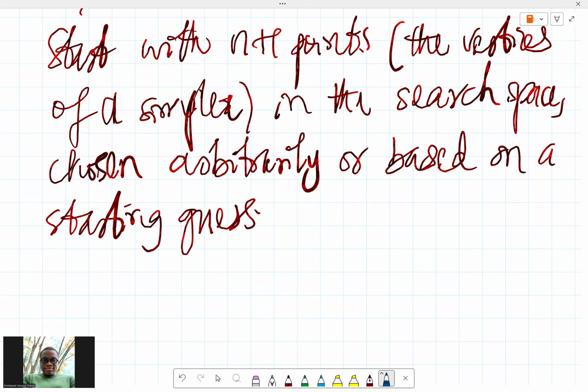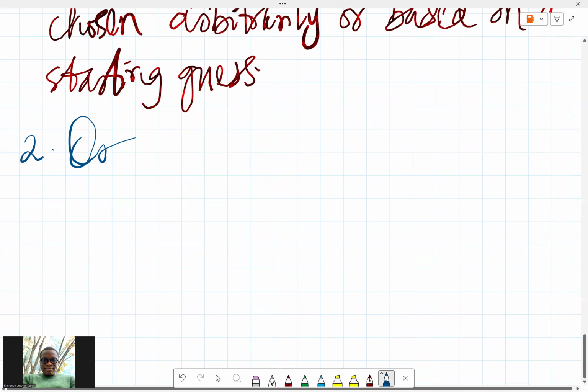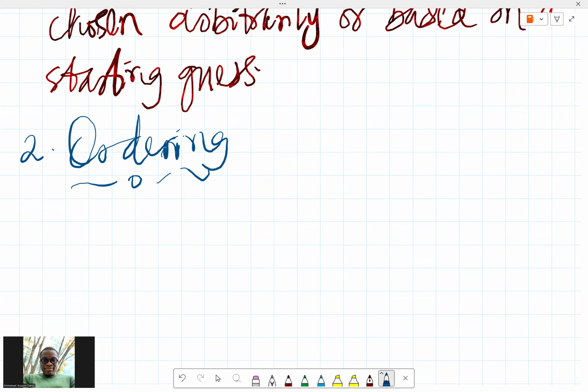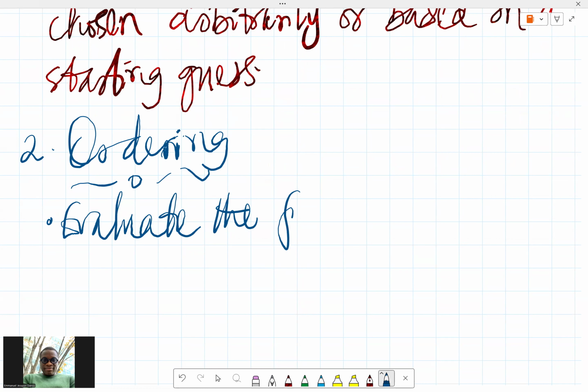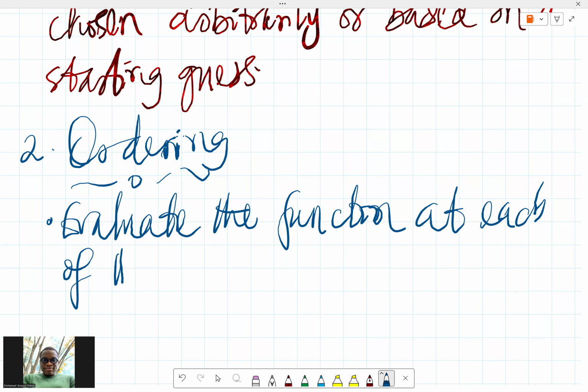Number 2 is ordering. First we evaluate the function at each of the n+1 points.